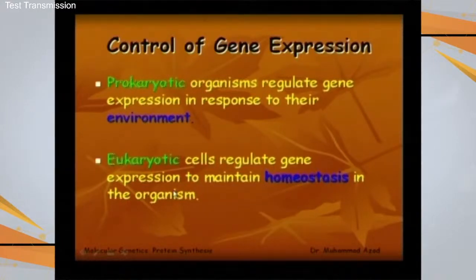Dear students, so we have learned a very basic mechanism. Around each cell there is a tissue fluid, and the composition of the tissue fluid is maintained within a very narrow range. If the amount of glucose is less, there are certain chemical processes by which it is increased.